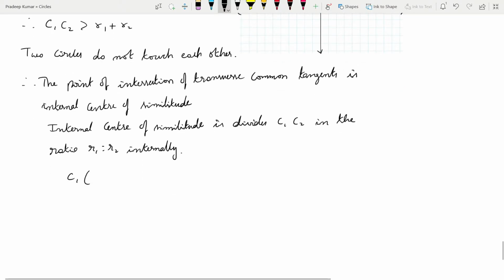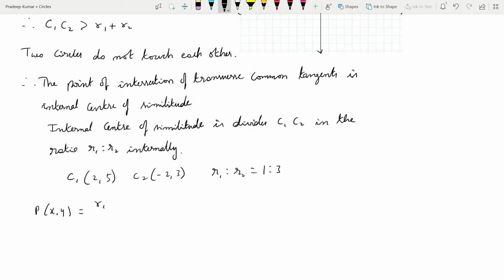The center 1 is 2, 5 and center 2 is minus 2, 3, whereas the ratio of radius 1 to radius 2 is 1 is to 3. The formula for the point we have to find is (R1 x2 plus R2 x1) by (R1 plus R2), and (R1 y2 plus R2 y1) by (R1 plus R2).